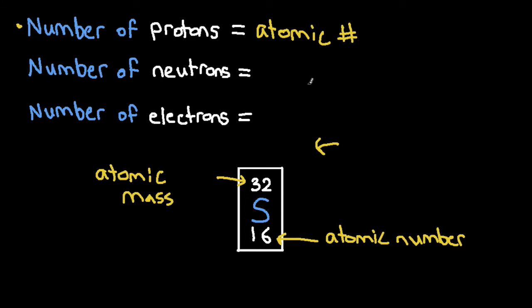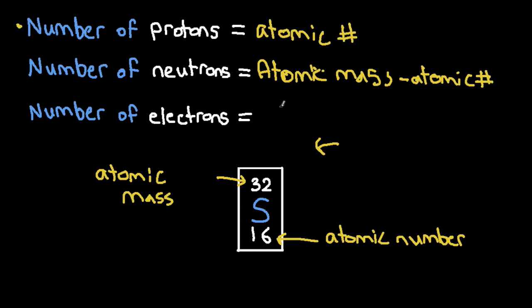Our number of neutrons is a bit different. It's actually going to be our atomic mass, and we're going to subtract it by the atomic number. Lastly, our number of electrons is going to equal the number of protons, so we'll note that.